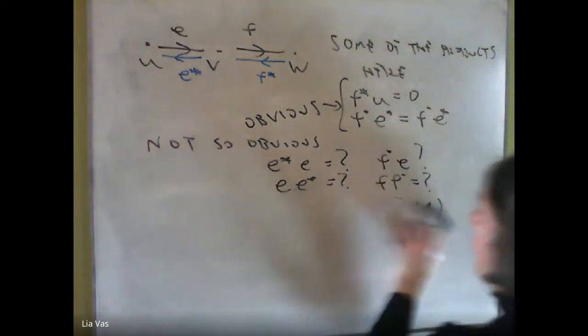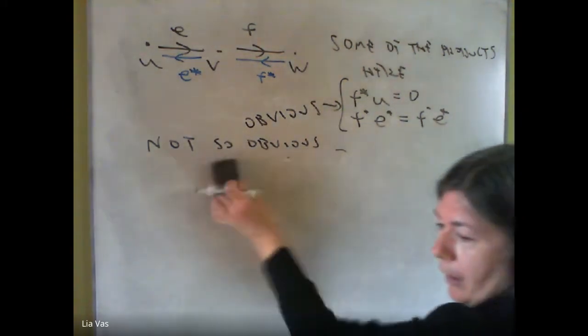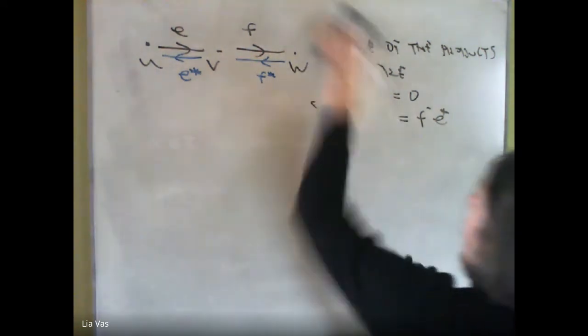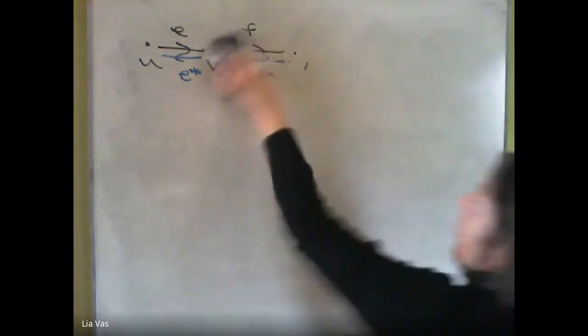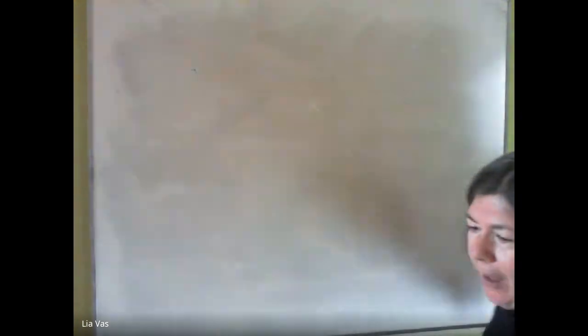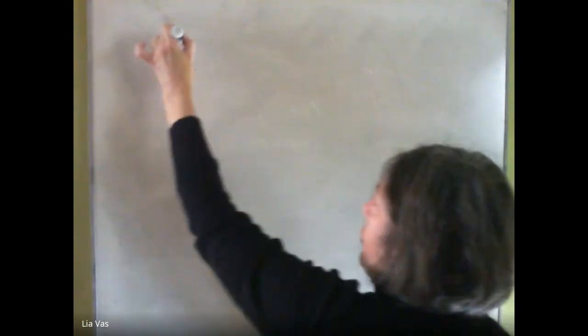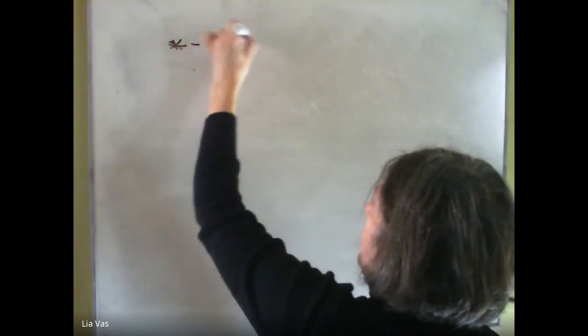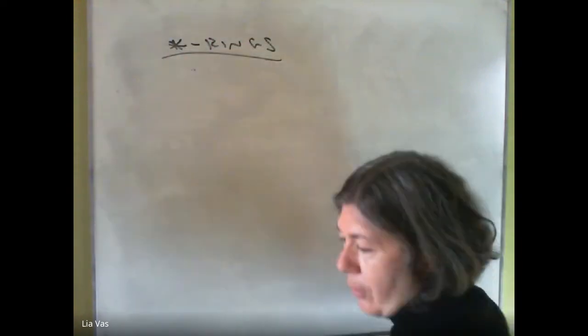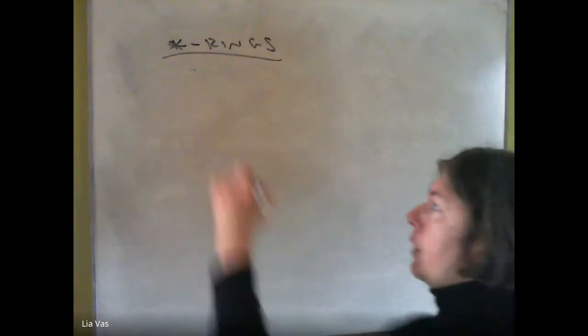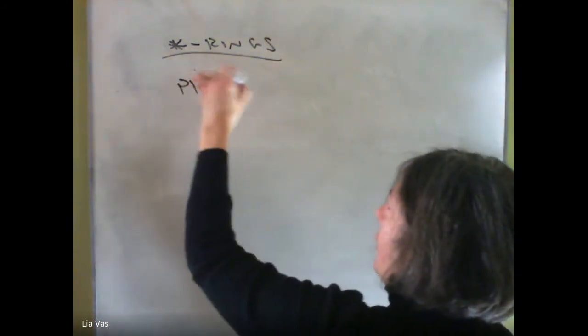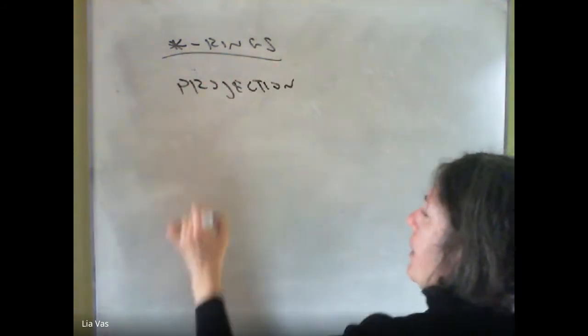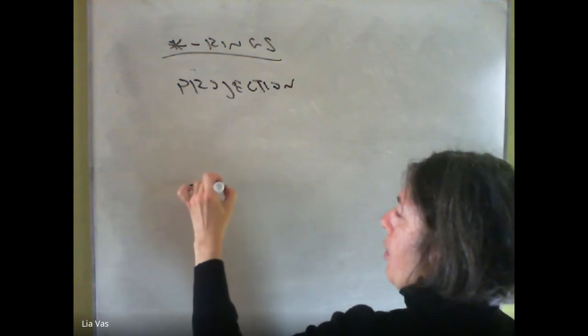So just to motivate you a little bit for the answers to these questions, we need just a tiny bit more background on star rings. We are just going to go back to star rings in general, and talk about something called a projection and something called a partial isometry.